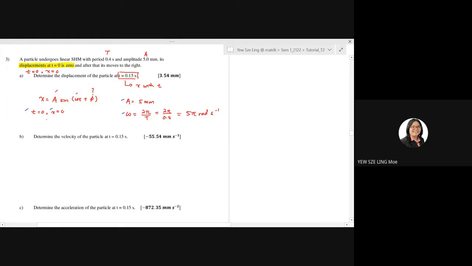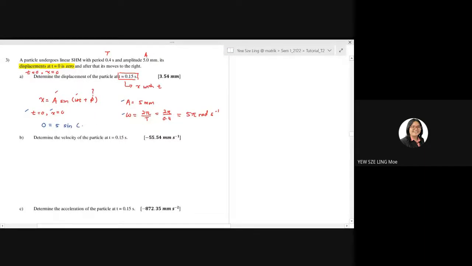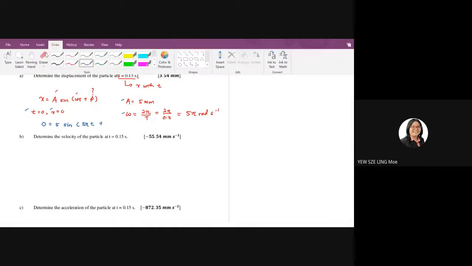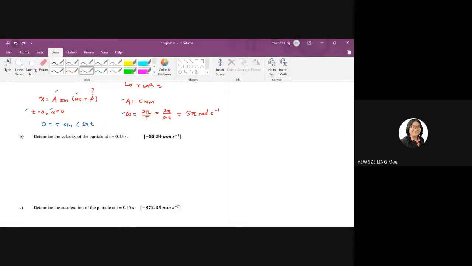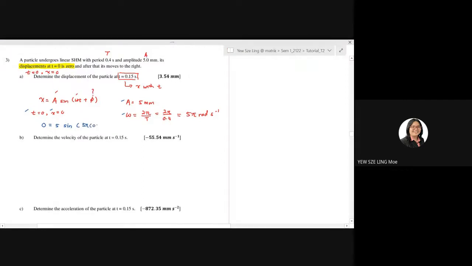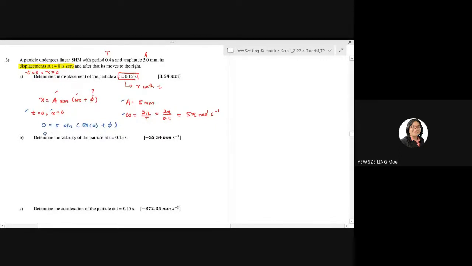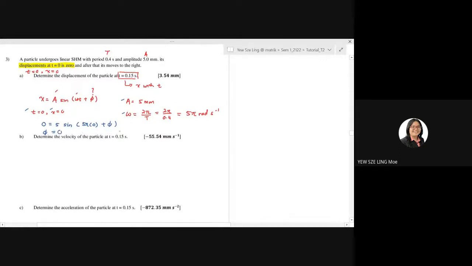So x is 0 equals A, which is 5, sine of 5 pi t plus phi, where t is 0, so this is 0 plus phi. Rearranging the equation, you will get phi equals 0.